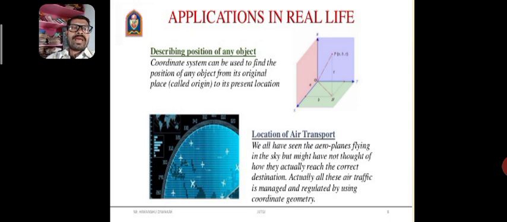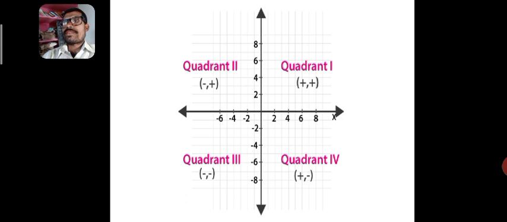Actually, all that air traffic is managed and regulated by using this coordinate system of geometry. These are some of the applications why we have to study aeronautics and all those space researches. So we have to know about this. That's why it is kept in the 10th standard.